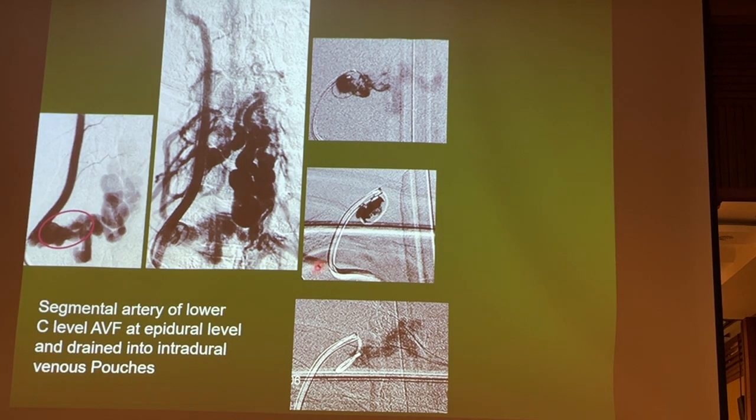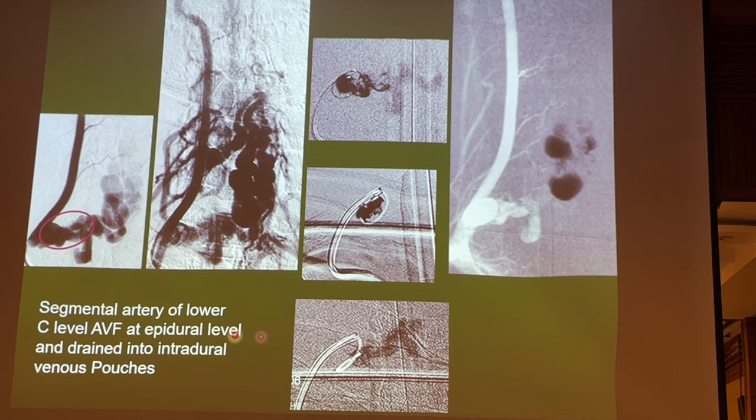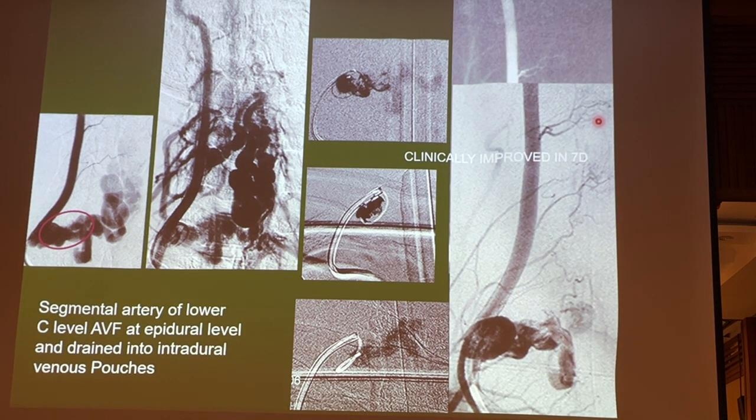We were able to put 2 or 3 catheters to make sure that the glue injection was enough to make some stagnation in the post-embolic images, which finally showed no more venous drainage.